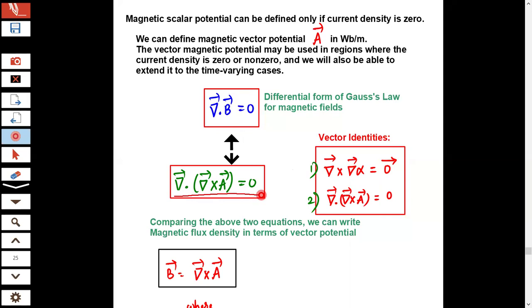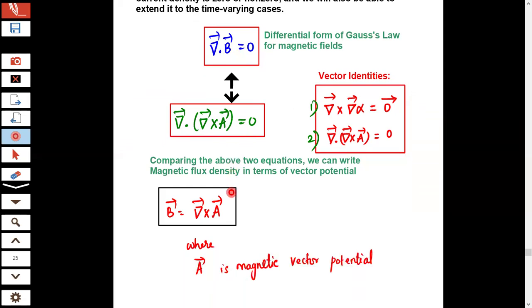So del dot del cross A is zero as per this second standard vector identity. That is in similarity with our Gauss law for magnetic fields. So instead of B vector, we can write del cross A, and this relation of B to del cross A defines A as the vector magnetic potential.